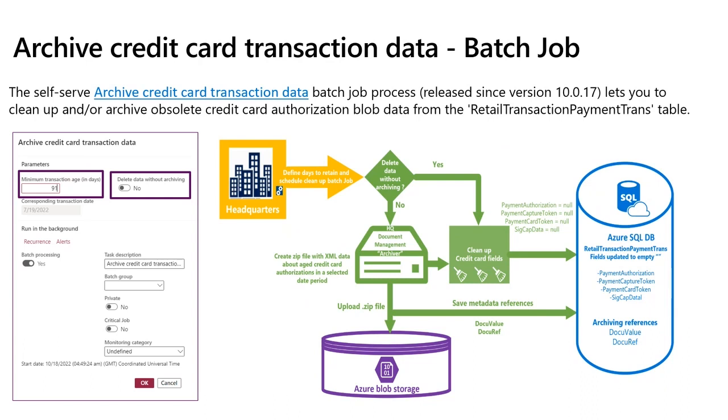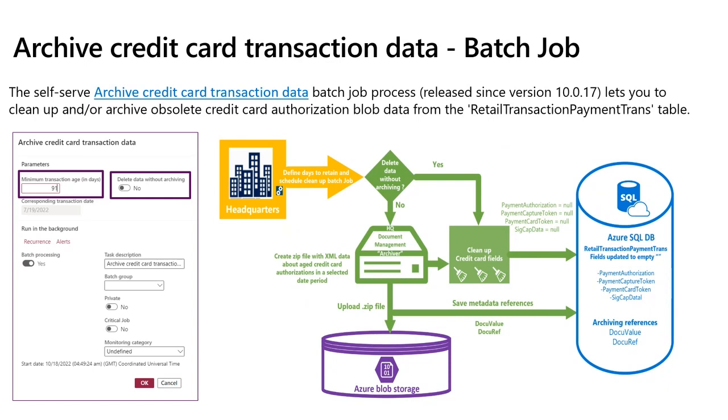The first one is the minimum transaction age, which is the number of days of information to retain according to the refund policy defined. By default, 91 days is prompted, but you can change it. The second parameter option is to delete the data without archiving.